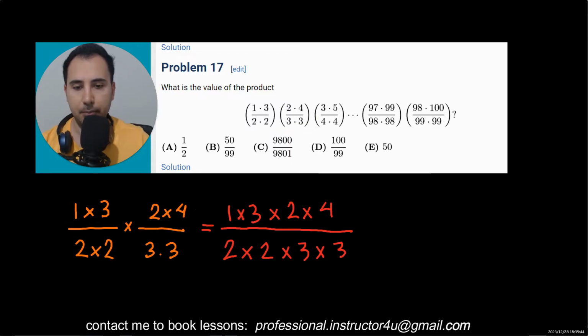I could, for example, go and simplify this 3 by this 3. Okay, where is it? It's going to be this 3 on the question with this 3. Okay. And I could also go this 2 by this 2. See, I'm canceling all of these things together.